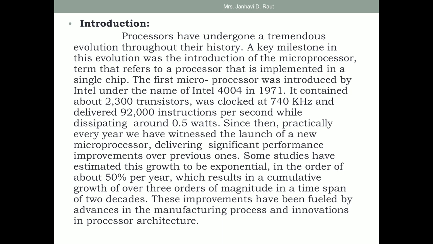The processors have undergone a tremendous evolution throughout their history. A key milestone in this evolution was the introduction of the microprocessor, a term that refers to a processor implemented in a single chip. The first microprocessor was introduced by Intel under the name Intel 4004 in 1971.